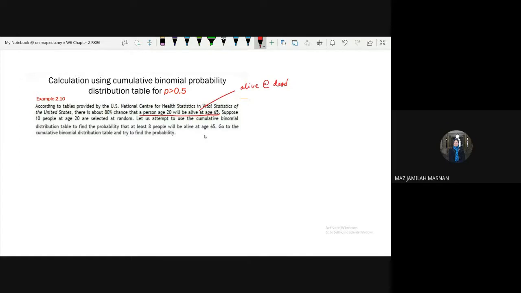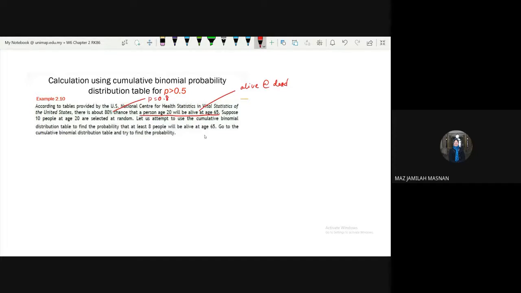The probability of success is 0.8, and it is constant across different people.